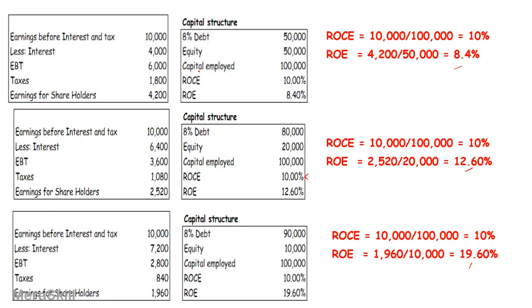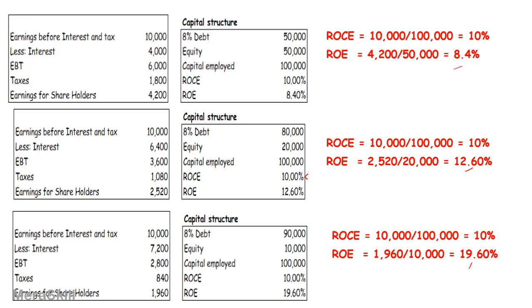We get a savings on tax because interest is tax deductible. So the cost of debt is lower than 8%. And as long as this return is higher than the cost of debt, the shareholders will get increased returns if they finance their growth from taking debt.